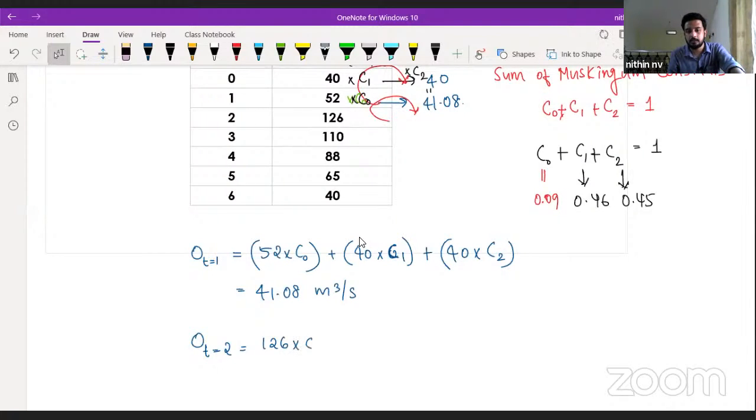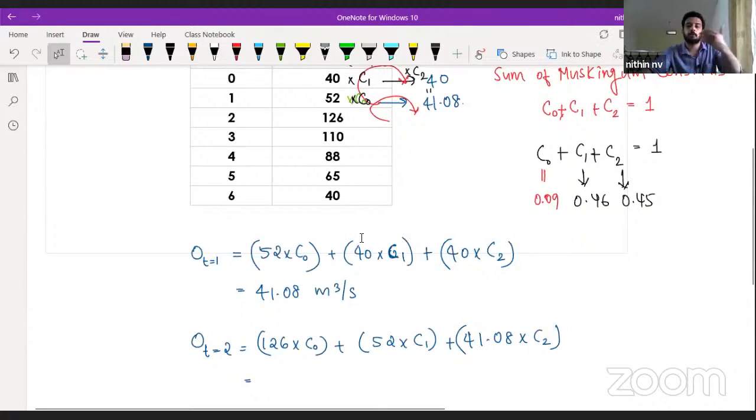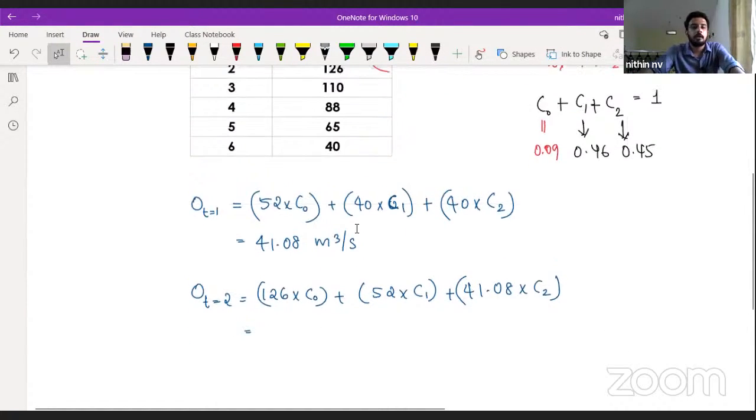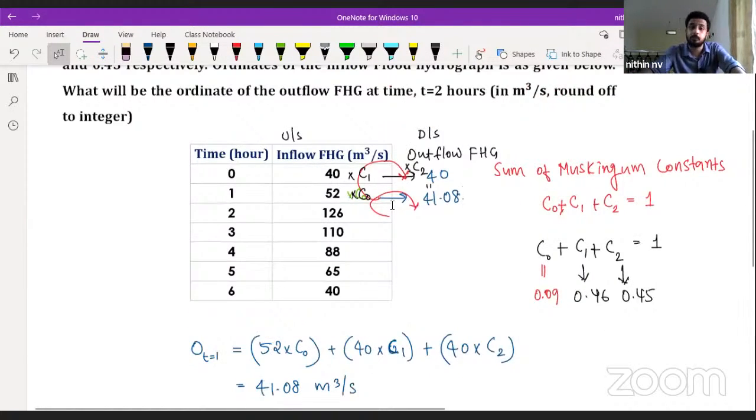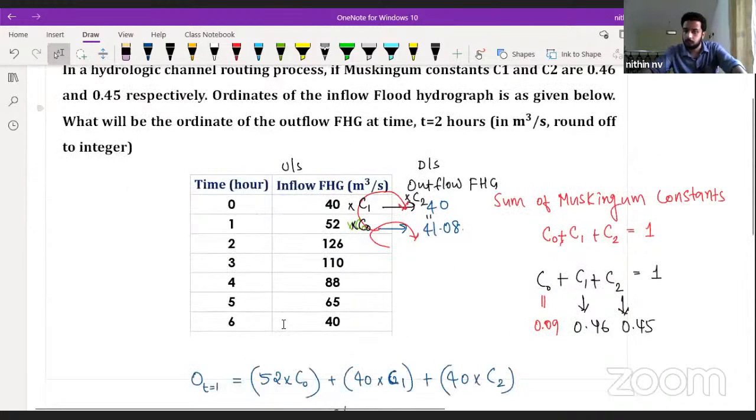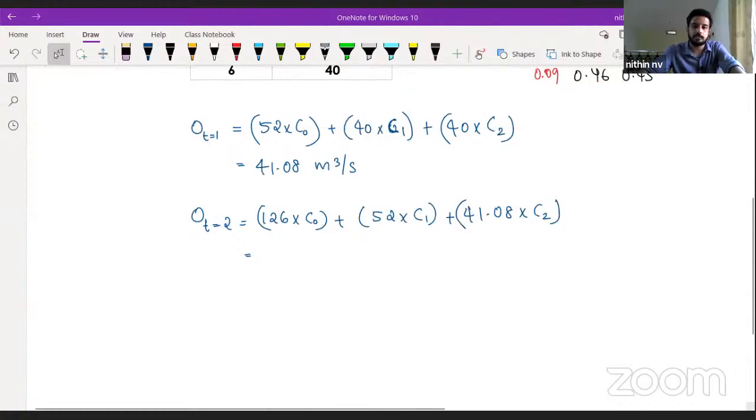So 126 into C naught plus 52 into C1 plus, now we got 41.08 into C2. That's it. So this process will keep on continuing. What they are asking corresponds to time equal to 2 hours. So here we can stop. Tell me what is the calculated value? Everyone? Yes, very good. Kasturi Das, very good. How much you are getting?